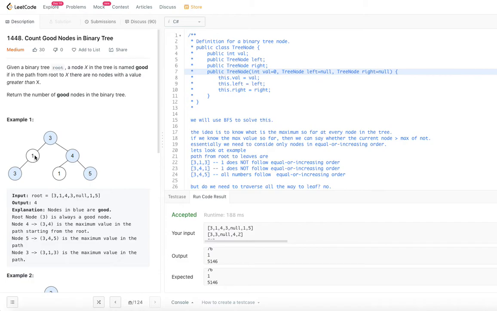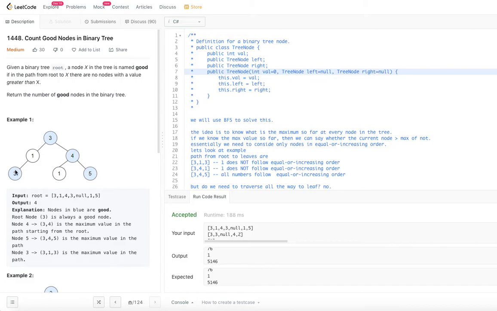And going further, for 1 there is a left child 3. Is there any node prior to this leaf 3 which is greater than 3? No. There is a 3, but that 3 is not greater than 3.